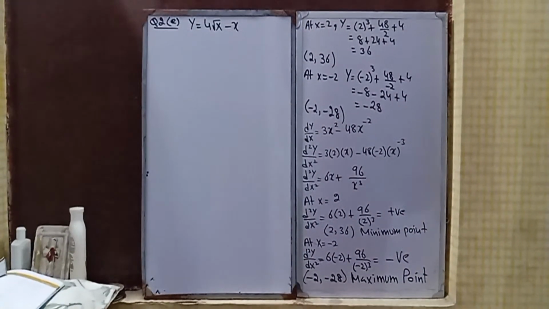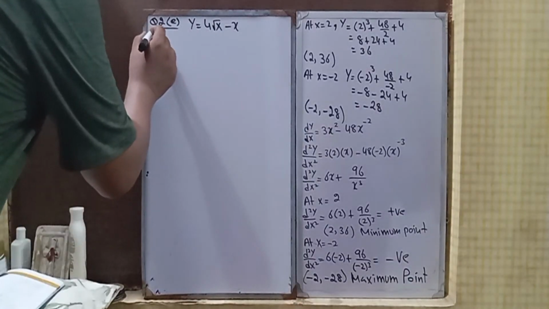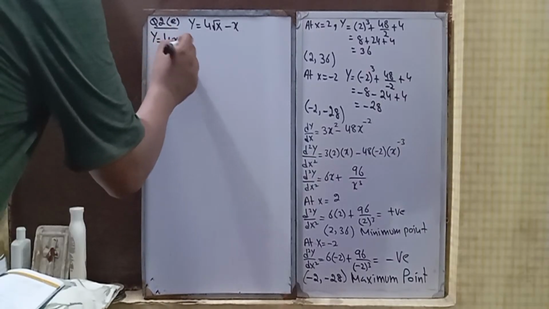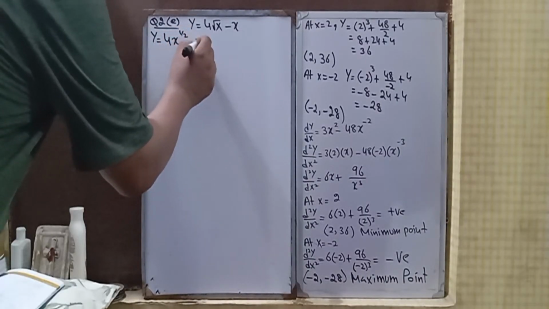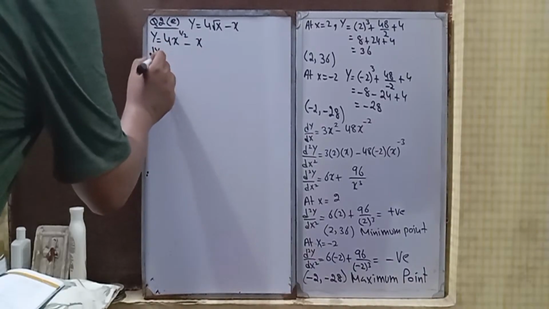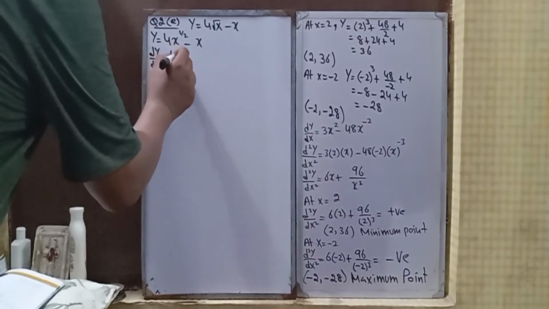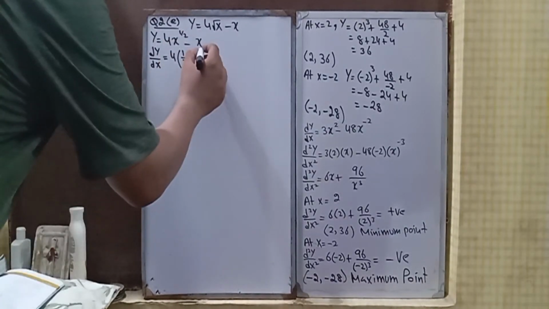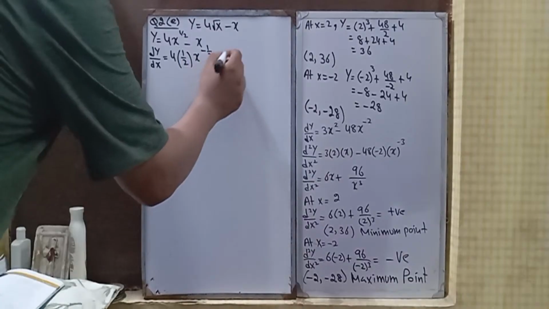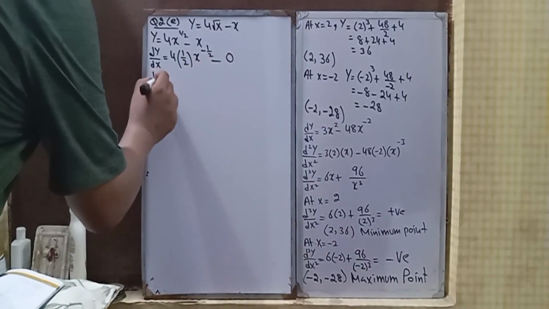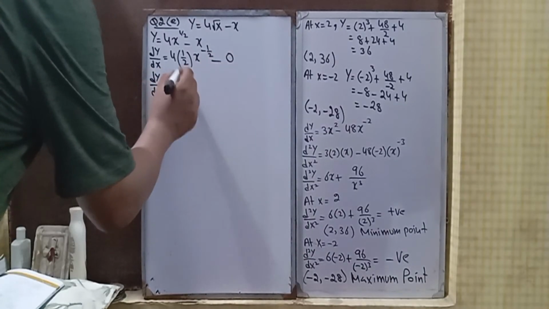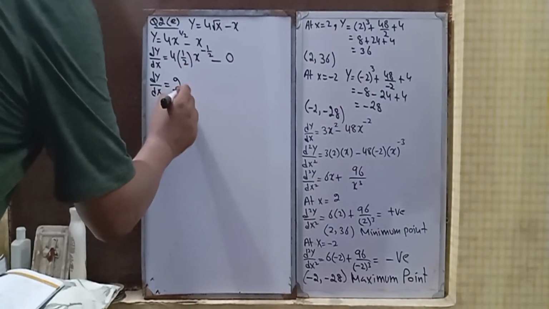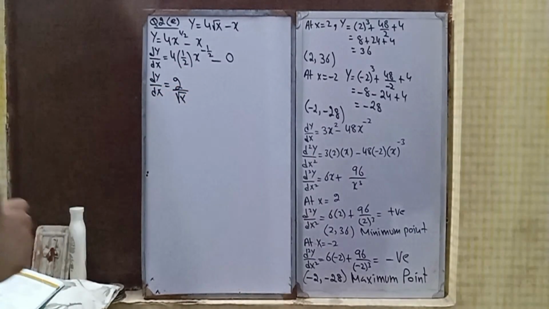First of all, y is equal to 4x raised to power 1 by 2 minus x. So dy by dx will be equal to 4 into 1 by 2 into x raised to 1 by 2 minus 1, so this will be minus 1 by 2, minus 0. So dy by dx will be equal to 2 divided by under root x. Okay, so this is my first derivative.